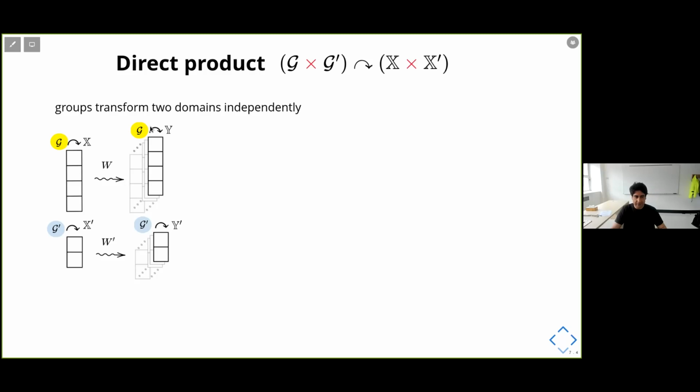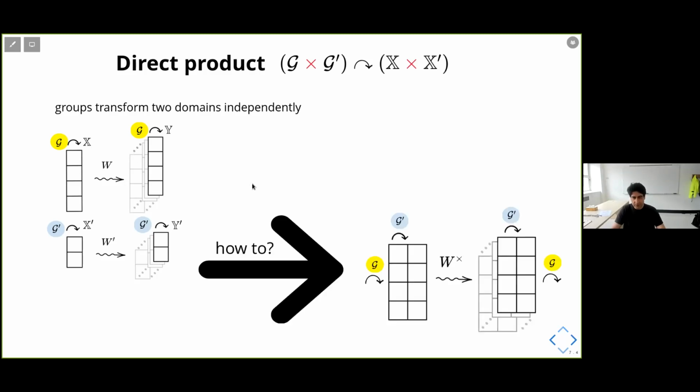The fact that they have the same color here, yellow, means that the same group element is acting on both input and output. Now, what we're interested in is building this equivariant map for this new setup, where we have G acting on rows and G prime acting on columns.